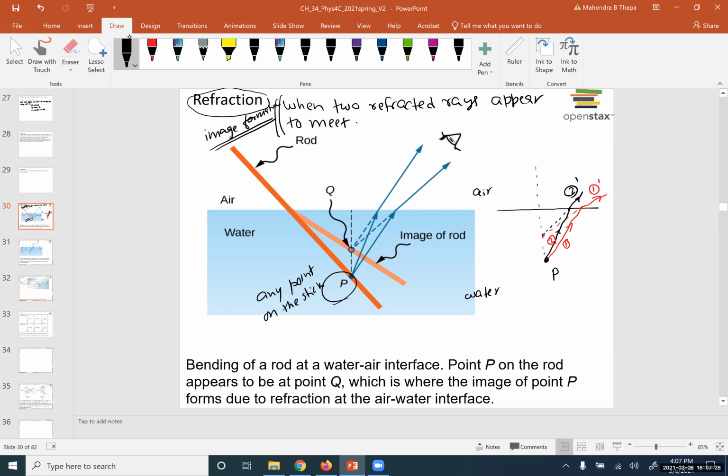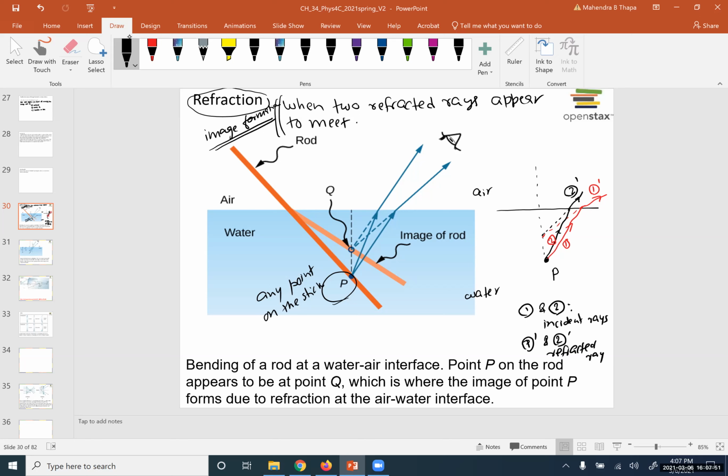This is 2 prime. These two refracted rays will meet at a point. So in this case, 1 and 2 are incident rays, and 1 prime and 2 prime are refracted rays.